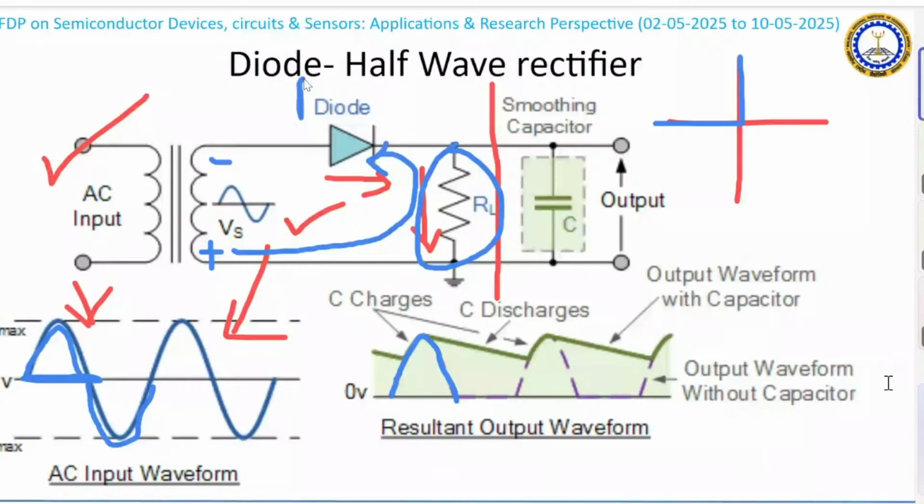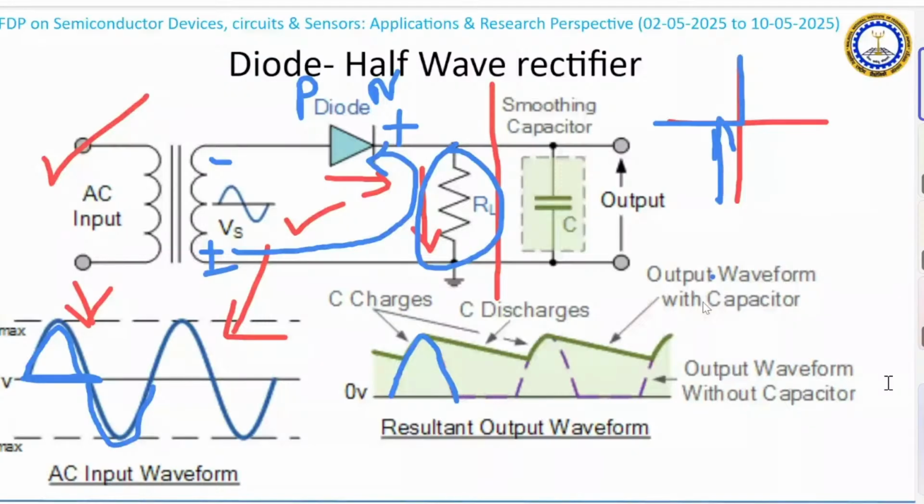I told you that forward bias is when P is connected to positive and N is connected to negative. But in the negative cycle, this positive is connected to the N side, right? So it is reverse bias. So how much current is offered by the diode? It is zero. It is like an open circuit.